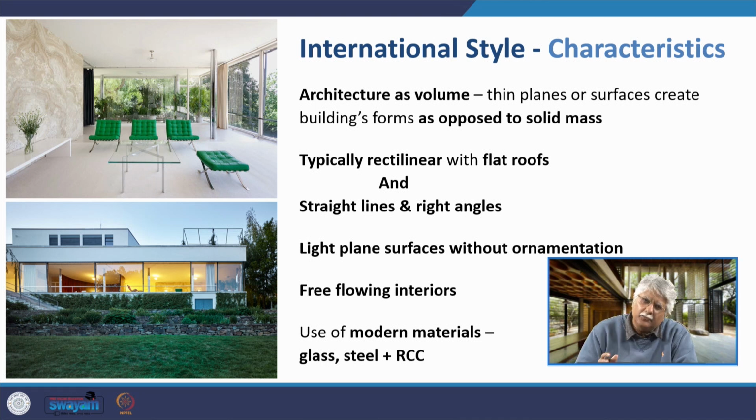They were very light plane surfaces without ornamentation, and the reason for the light plane surfaces on the outside was because the structural system was either RCC frame or steel frame, and thus these walls were all non-load bearing walls, and thus there were free flowing interiors and use of modern materials like glass, steel and RCC. We will go into more depth of this style not only when we study about styles and movements, but also when we study the works of Wright, Corbusier, Mies van der Rohe and Walter Gropius.